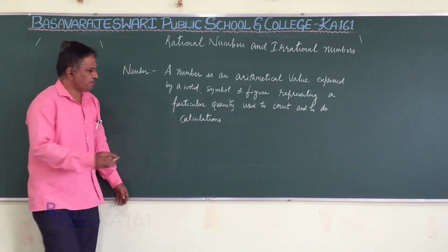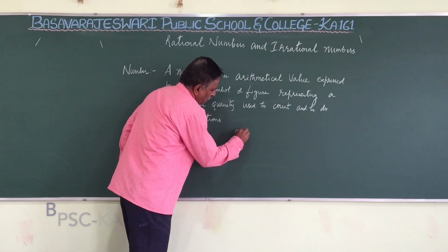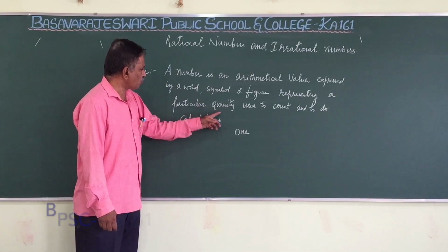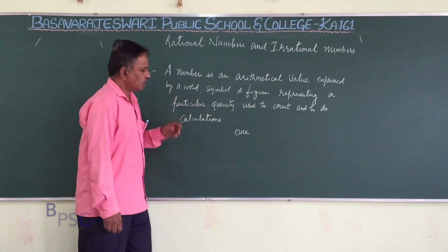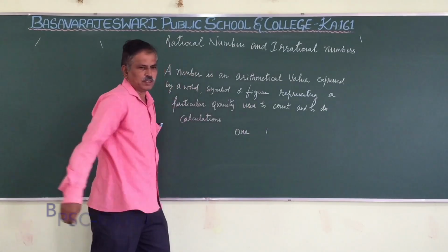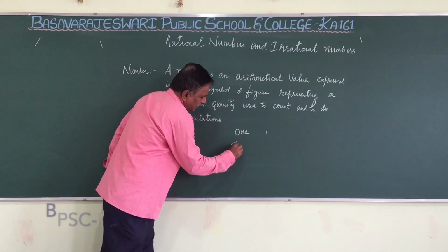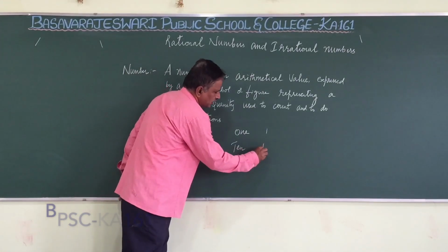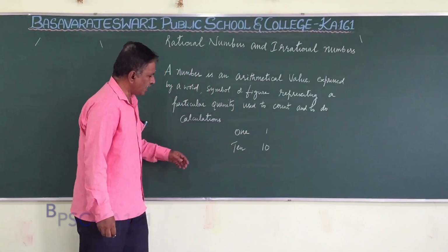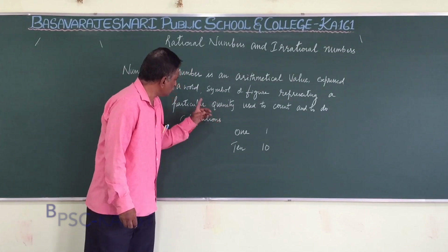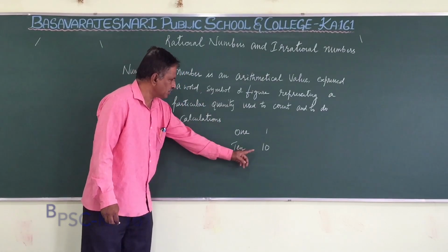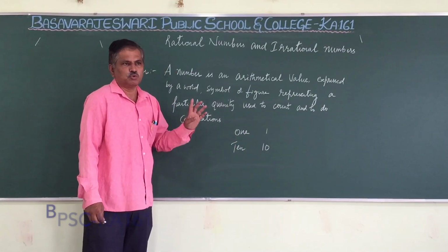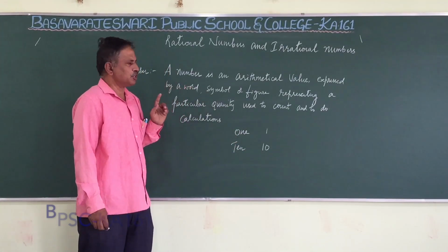For example, one is a particular quantity expressed in terms of a word, and the symbol is 1. Similarly, ten in words, and the symbol is 10. So 10, 1, 2, 3 are each a particular quantity.